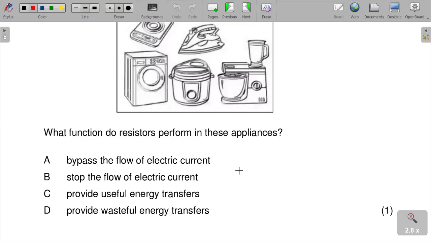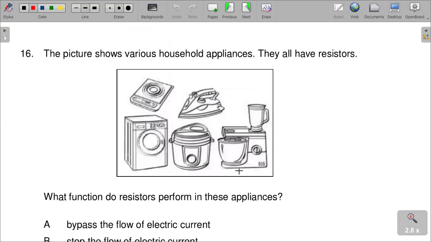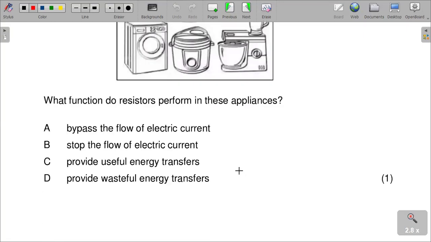The resistor actually provides useful energy transfer, so that the household appliances can be used properly, which is C.